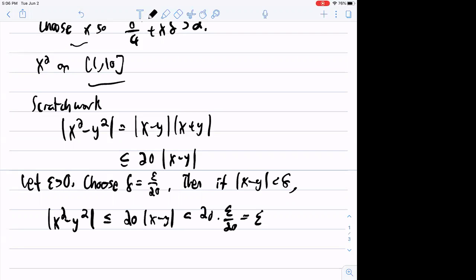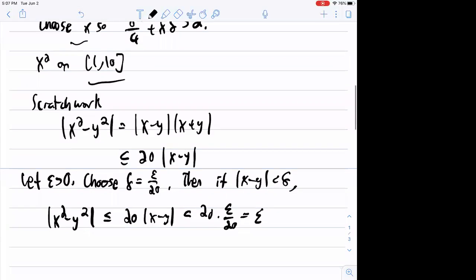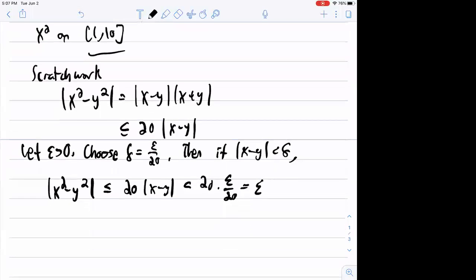So you see here that it's uniformly continuous. I made no choice of x and y. As long as x and y are close enough, this will hold. I'm not choosing any specific value of x. As long as they're within delta, it will always hold. So is everyone good so far?